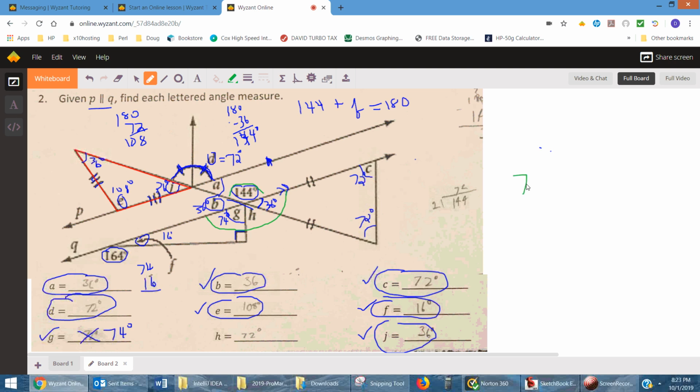So 74 plus H plus 36 has to equal 180. So H plus 110 equals 180. So H equals 180 minus 110, or 70. So this was wrong also.